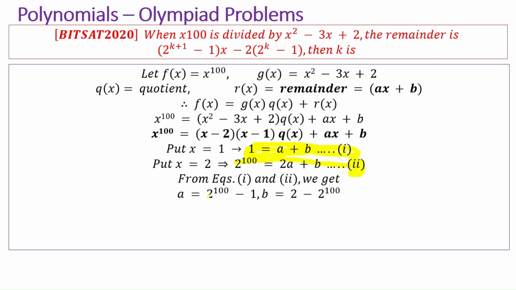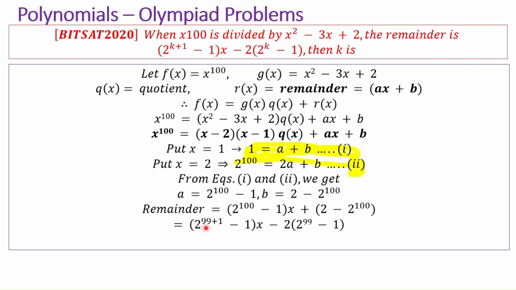a equal to 2 power 100 minus 1, b is equal to 2 minus 2 power 100. If you see what form it is in, I will write it in the same form. Remainder is equal to ax plus b, which is 2 power 100 minus 1 x plus 2 minus 2 power 100. Now I will put it in the form 2 power k plus 1 minus 1 and 2 power k minus 1.